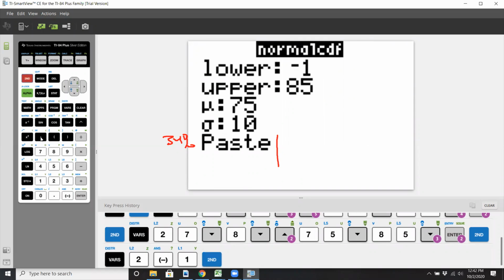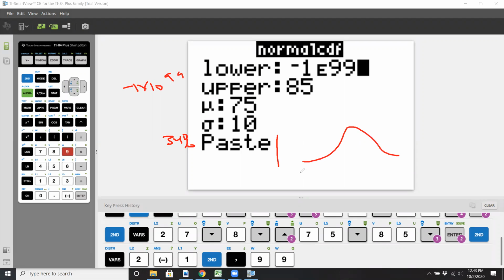We're going to do -1E, E is second comma, 99. So what that means is I'm doing -1 times 10 to the 99th power. So that's way far to the left. Like I'm going several orders of magnitude of z-scores to the left. So basically it's going to cover the far left tail here.